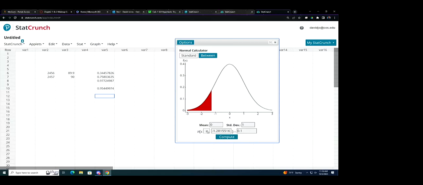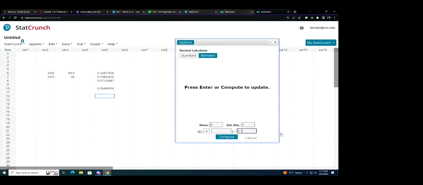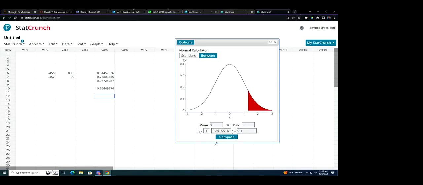I could do greater than 0.1, and look at that, I get positive 1.28.